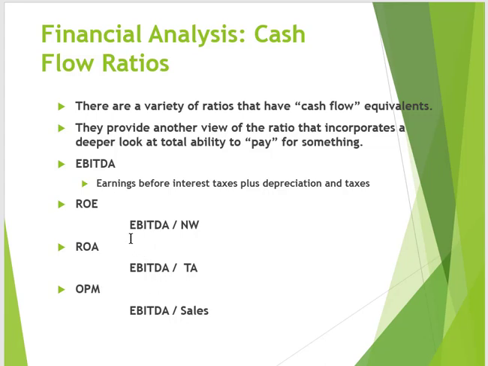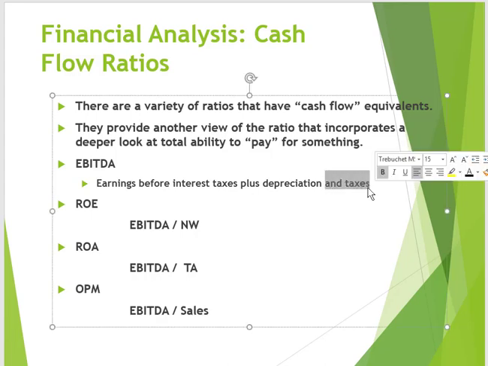So instead of EBIT divided by net worth, we're going to have EBITDA. EBITDA is earnings before interest and taxes, EBIT, plus depreciation. So now it's an operating cash flow number.